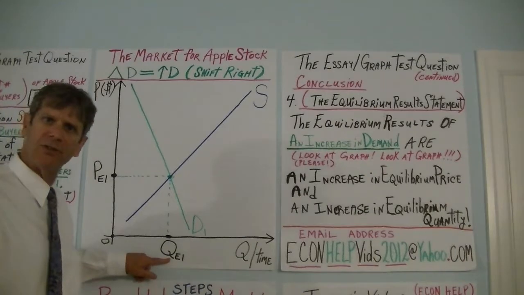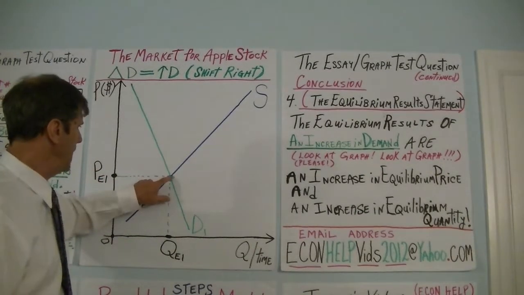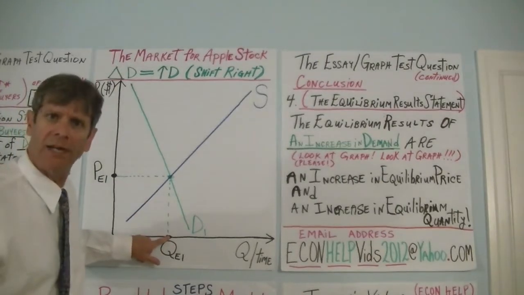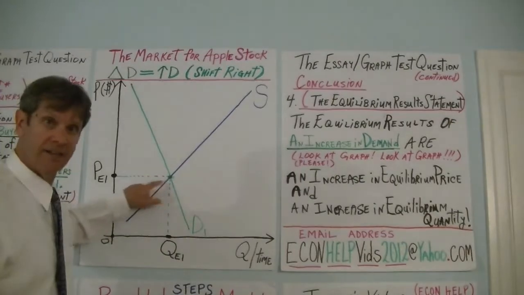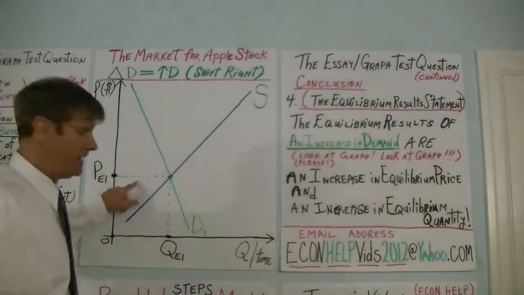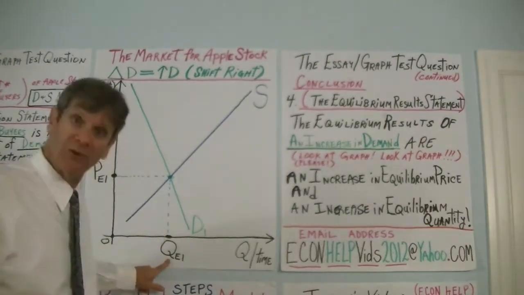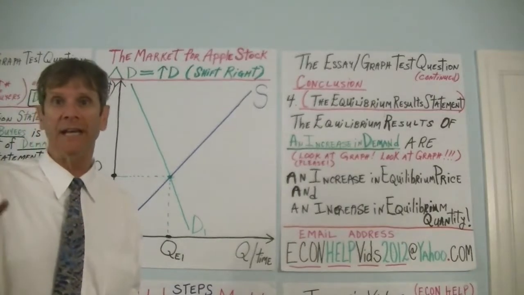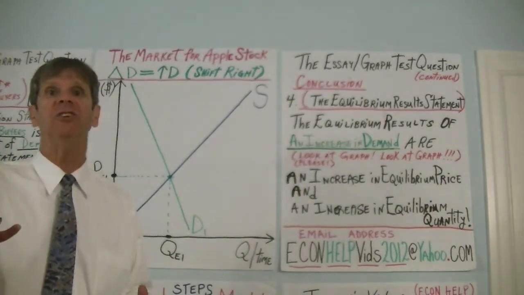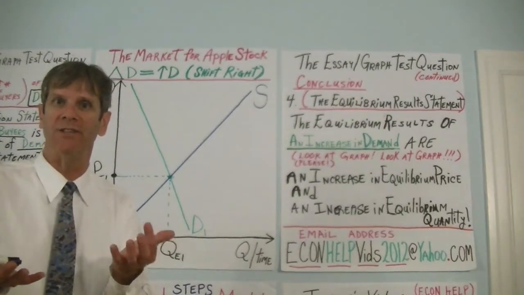Sometimes somebody will label this QD for quantity demanded. So at that price, if I go to the demand curve, yes, that is quantity demanded. But at that price, when they intersect, it's the same point, isn't it? So that's going to also be quantity supplied. So this is a special phrase, equilibrium quantity, because it's the quantity where quantity demanded, the amount we want to buy, is just balanced by quantity supplied, the amount producers want to sell.